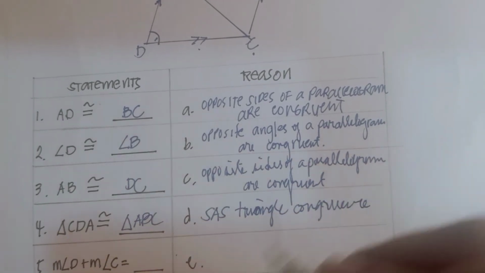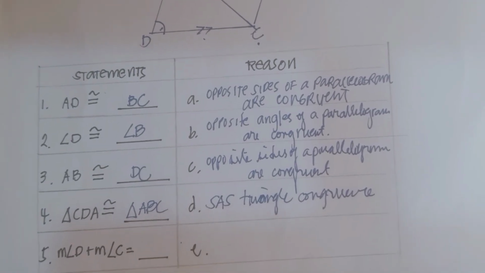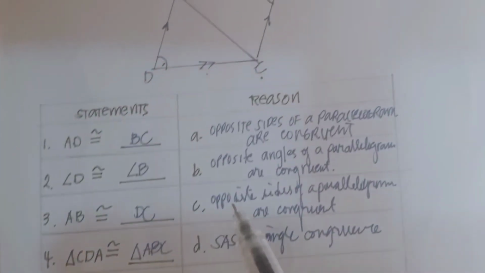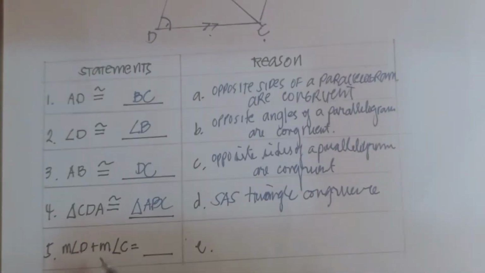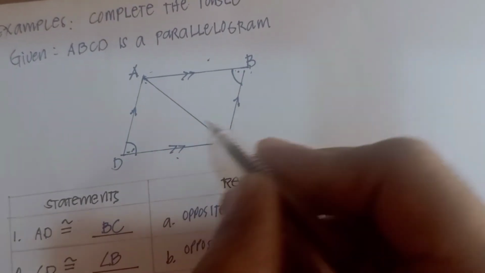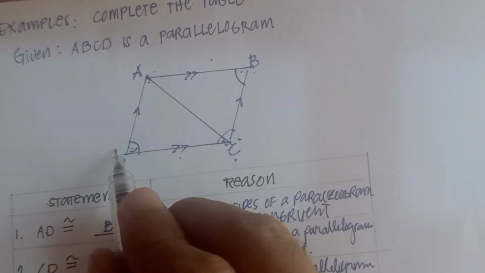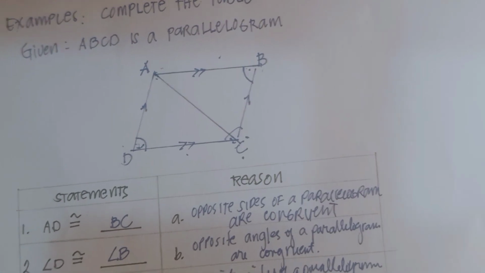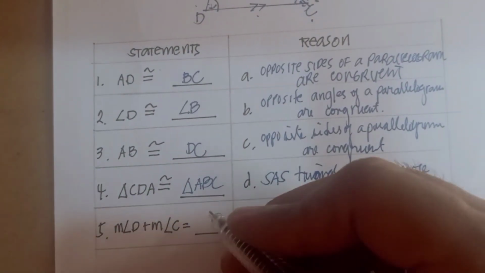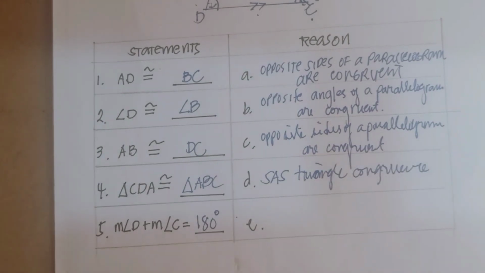Remember that, yung apat na yan, yung SSS, SAS, ASA, tsaka yung AAS, nung grade 8 kayo. Okay? So, binanggit na natin to kanina, measure ng angle D, plus measure ng angle C. Pag inad ko daw to, ang relation nito, consecutive angles sila, therefore they are supplementary. Meaning, ang total niyan, pag inad natin, will be 180 degrees.